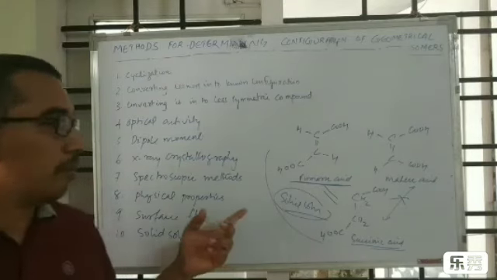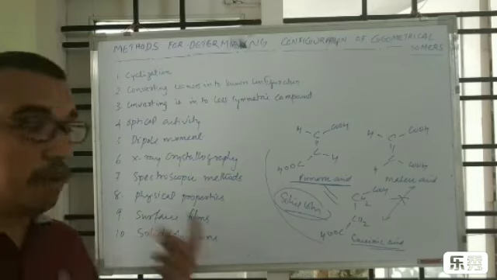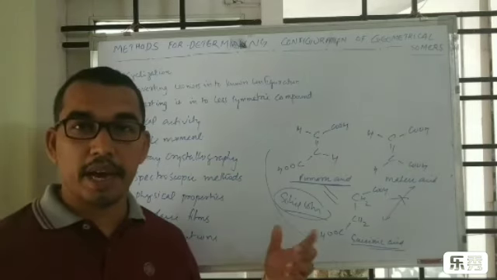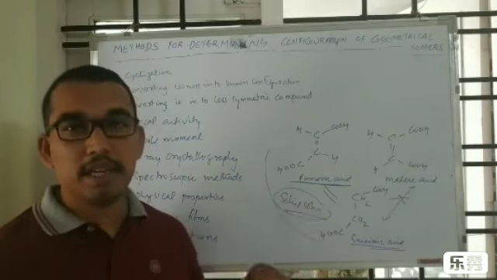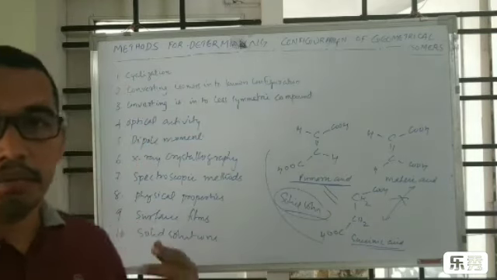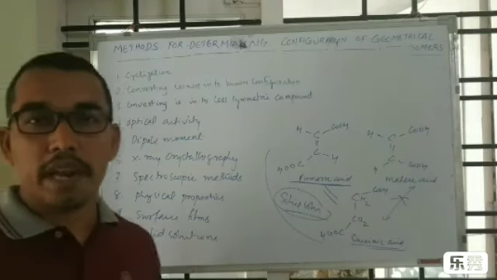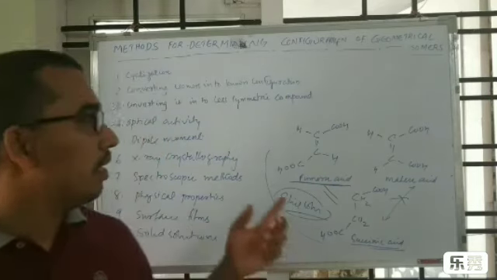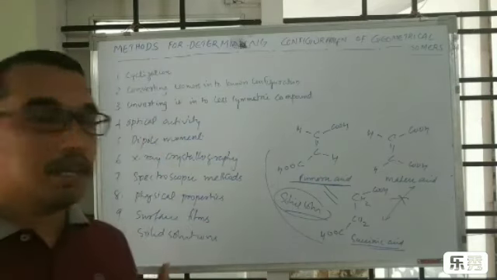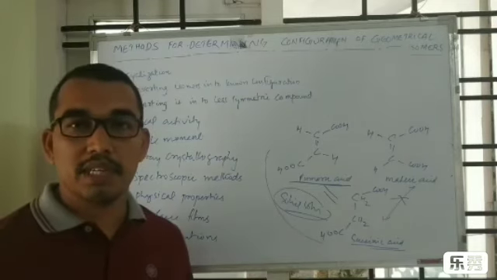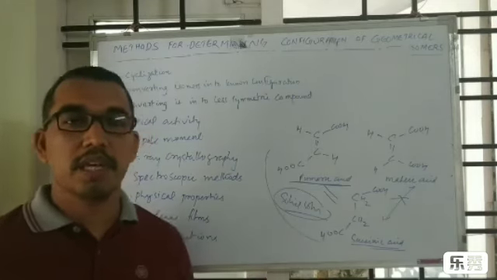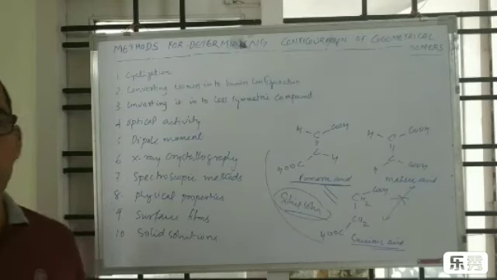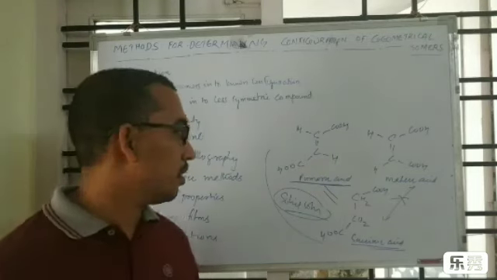In UV visible spectroscopy, lambda max will be higher for trans isomer than cis isomer, and in mass spectroscopy, the molecular ion peak will be stronger for trans variety than cis isomer. In NMR spectroscopy, the coupling constants will be different for different isomers. In IR spectroscopy, the vibrational frequency will be different for different isomers.